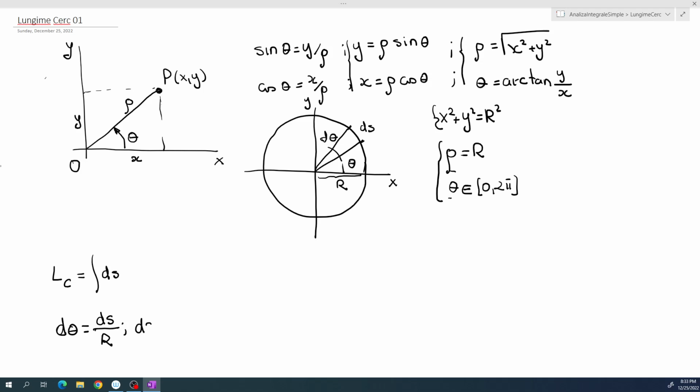This means that ds is equal to r d theta, and theta is between 0 and 2 pi.